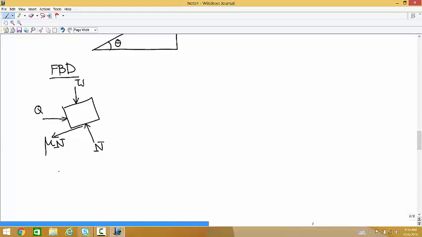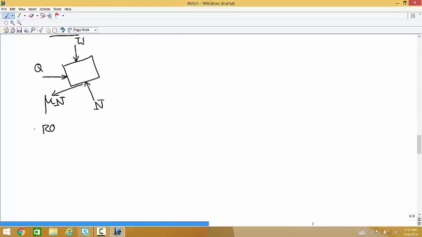Okay, so for Newton's second law, the normal force and the friction force, coming up with the components is easy. The normal force is in the positive y direction. The friction force is in the negative x direction in this case. But Q and W we're going to have to fiddle with to come up with components. So the rotation matrix, I've always called the rotation matrix Q. I'll call it R this time.